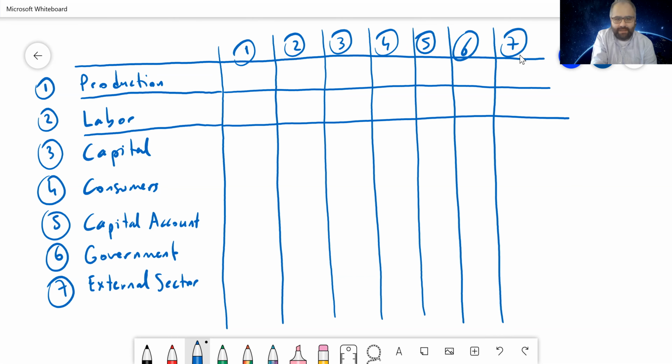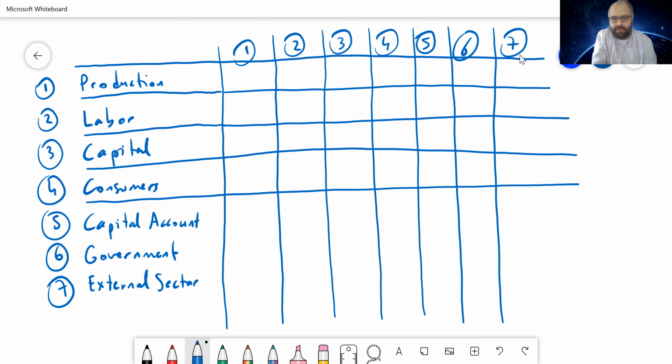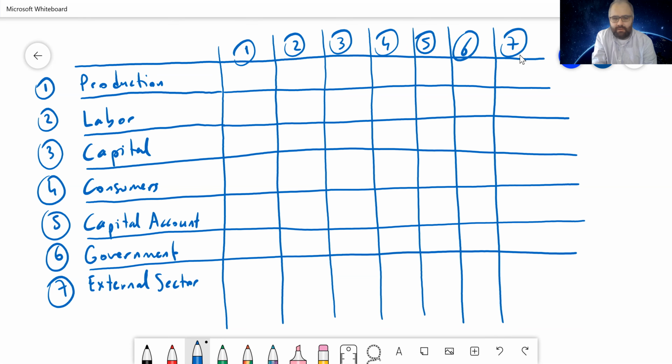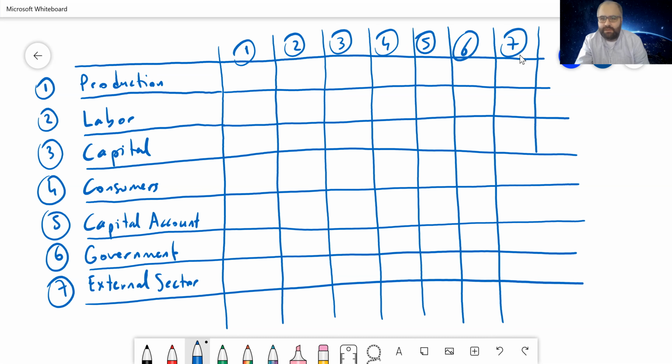So now we're going to do exactly that by using our equations, because those equations must be true. Let me start from the simplest account. I will denote the production account as A. Now, what is this A? This A is to represent the input-output relationship within the production sector.